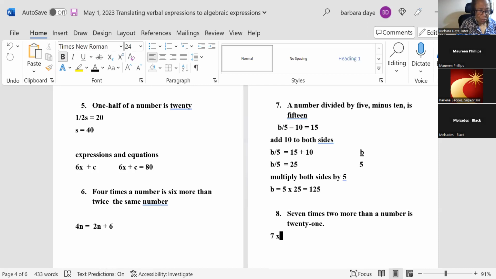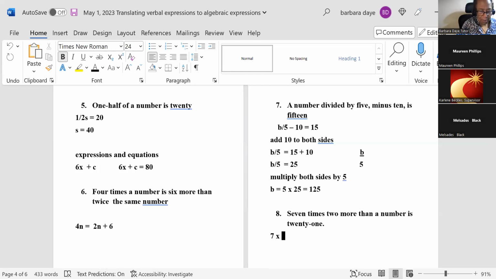You said 7 times. All right. 2 more than a number. What should I write? Plus. Hold on, let me think again. 7 times 2n. 2n is 2 times n. 2 more than a number means you're adding 2 to a number.